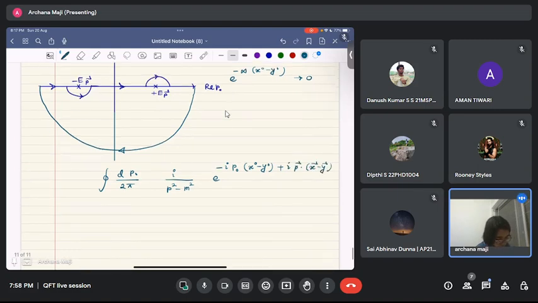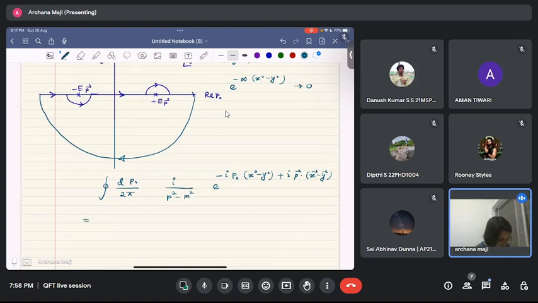What is the value of this contour? This is equal to 2 pi i times the residue at p0 equal to plus E_p.